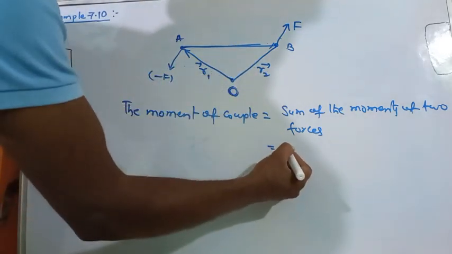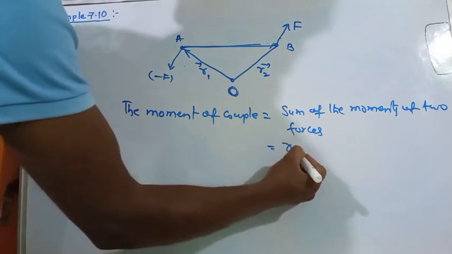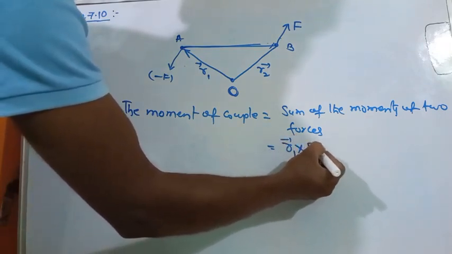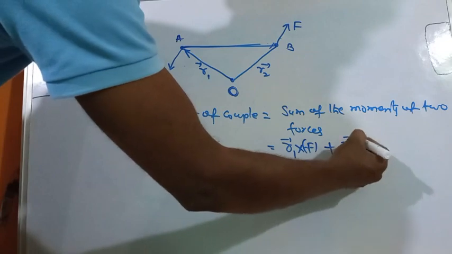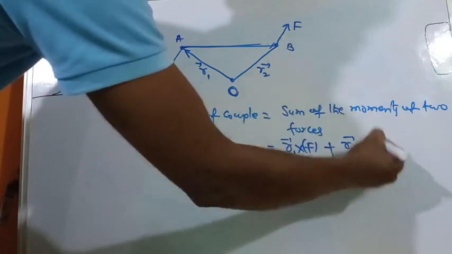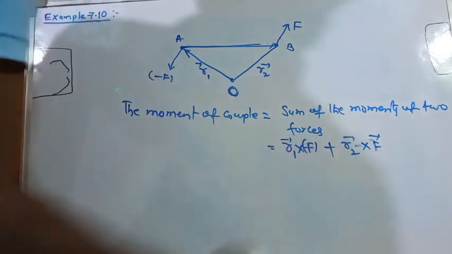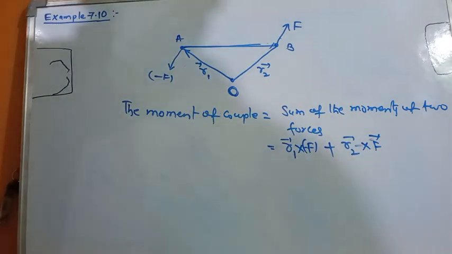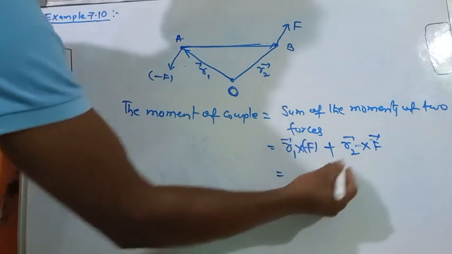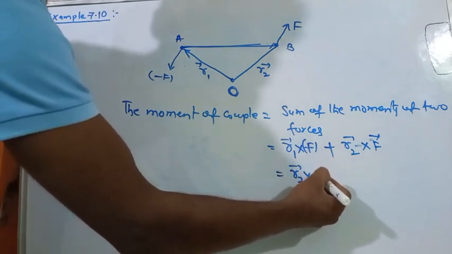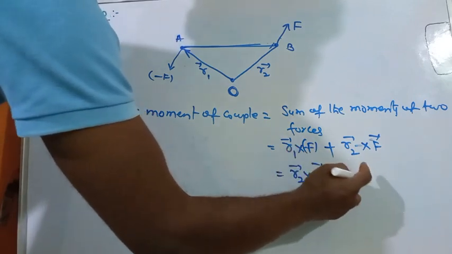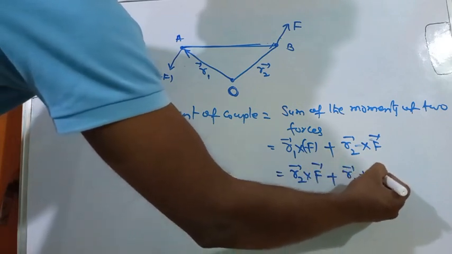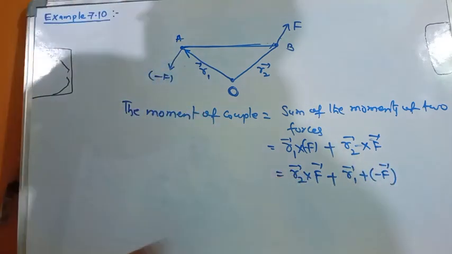So here according to our torque, this is R1 vector cross minus F, since the force is minus F, plus R2 vector cross this force F. Then we can write the positive one first, that is R2 vector cross F vector, plus R1 vector cross minus F vector.